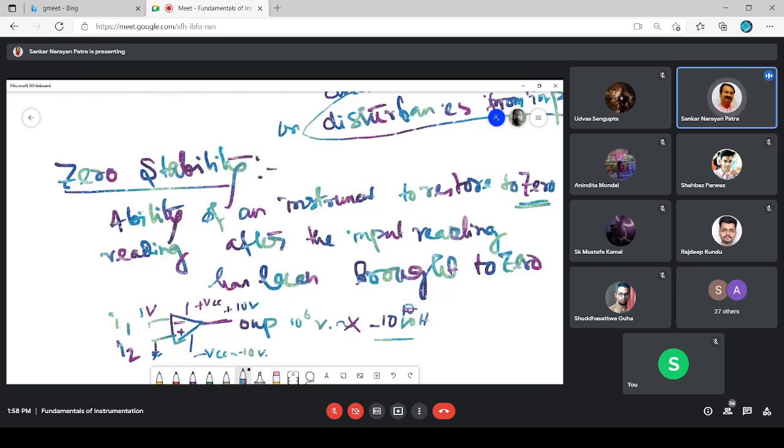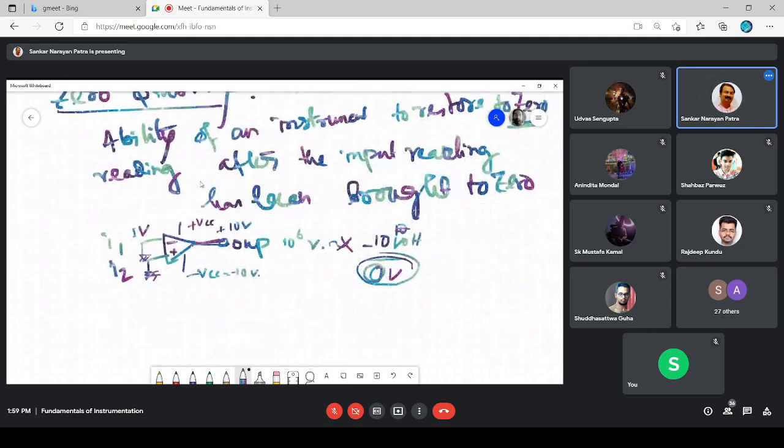Now I just make this one 0, like this one 0. So what should be the output? 0, sir. We expect the output should be 0. But practically, you know, that will not be 0.